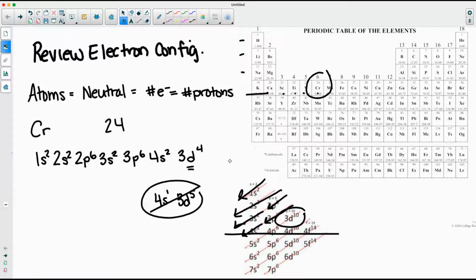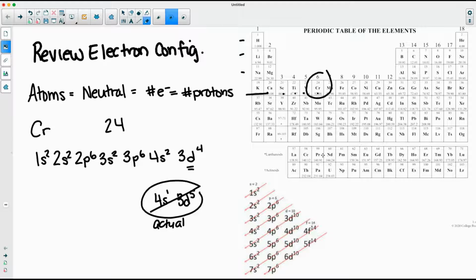AP chemistry wants you to be able to follow the trend and the rules for this. So the actual configuration of chromium is not what we get when we do the Aufbau principle with the diagonal rule, but that's okay. For AP, they wouldn't ask you to do any of the exceptions.